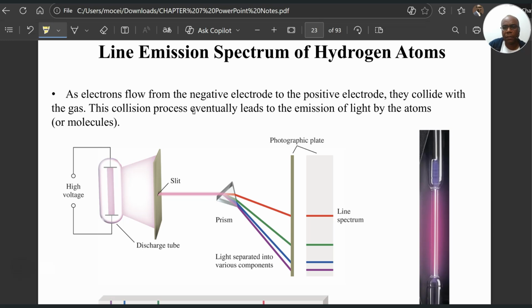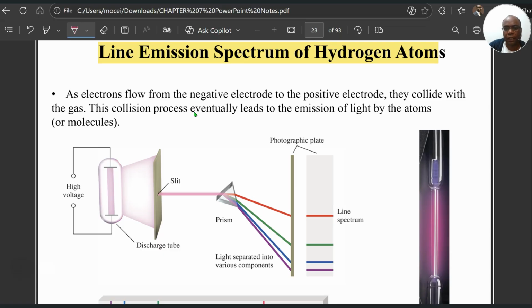Now let us talk about light emission spectrum. As the title goes, there are lines that are seen as light when light is emitted from atoms.